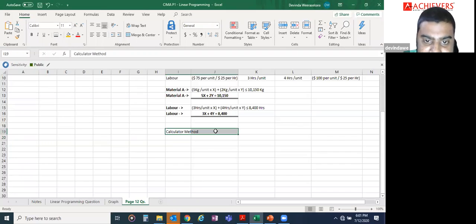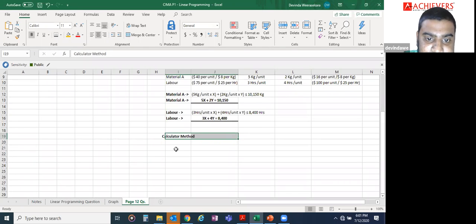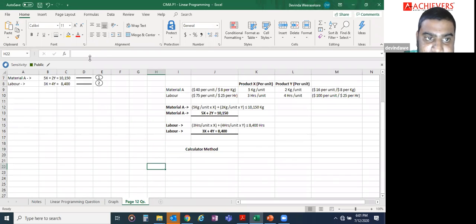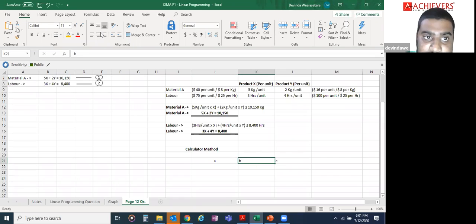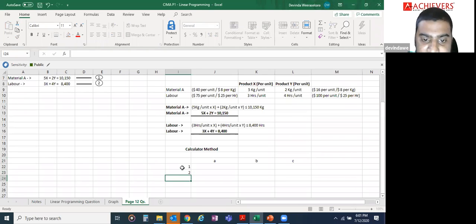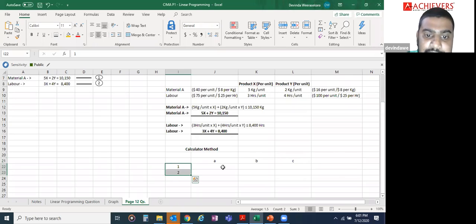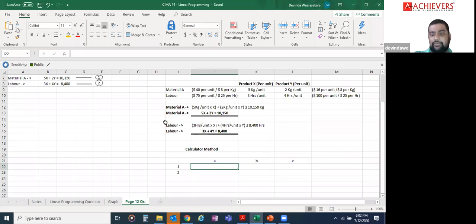Okay. So now when you put into the calculator method, you will need to understand few things. Calculator will ask you something called A, something called B, something called C, and calculator will also ask you something called 1 and something called 2. So what are these A, B, C, 1 and 2?